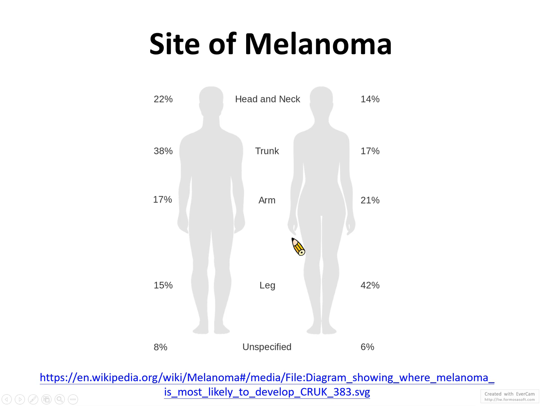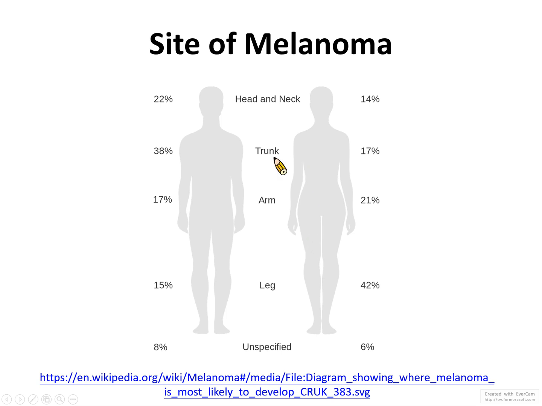Usually melanoma is related to sun exposure. This is the figure from Wikipedia. If you look at different parts of the body, the risk of having melanoma is different across our body.